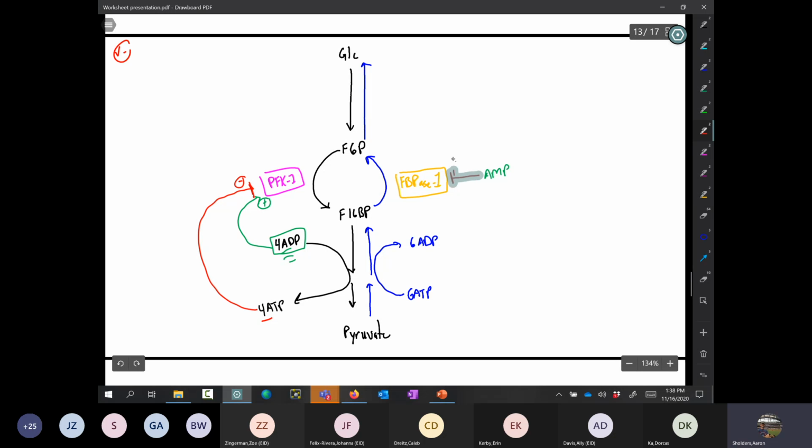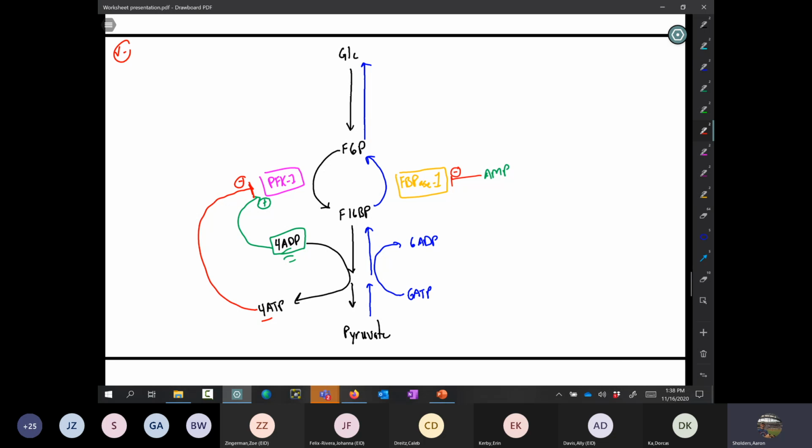Right now, AMP is essentially going to be an indication that there's been a lot of ATP hydrolysis, meaning that ATP is being used, and it should then feed back and inhibit any pathway that would oppose glycolysis, and that would include gluconeogenesis.